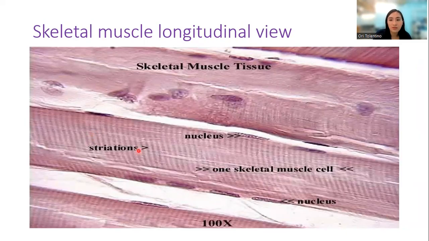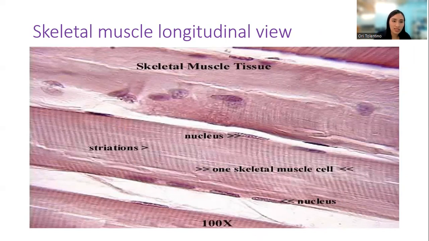Again, they are striated because of the arrangement of your actin and myosin filaments. At the A bands, or the dark bands, the thick myosin and thin actin filaments overlap, so they become dark, while your I bands only have thin actin filaments, so the I bands are your light bands.